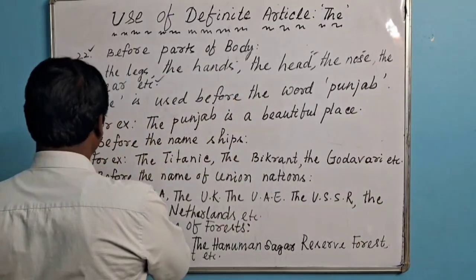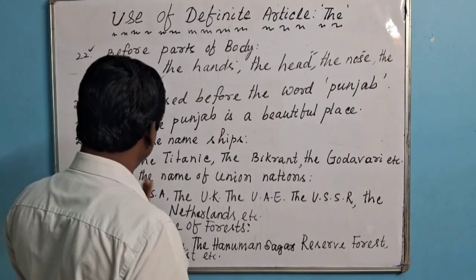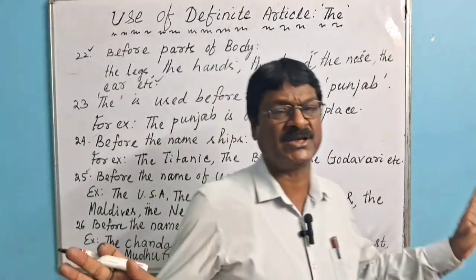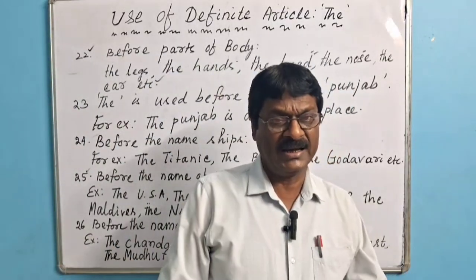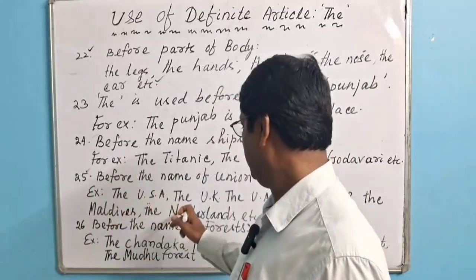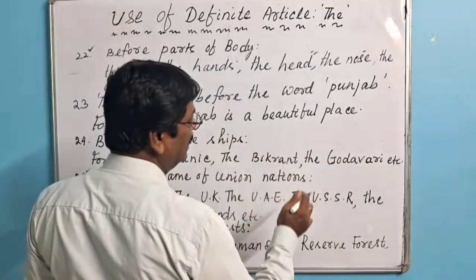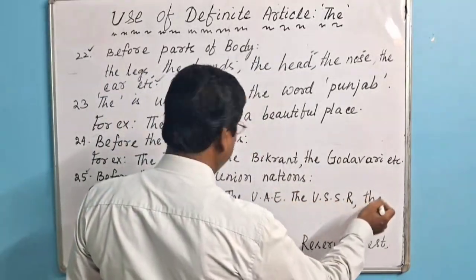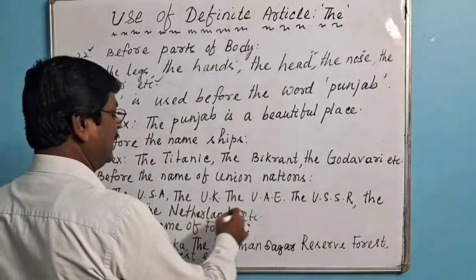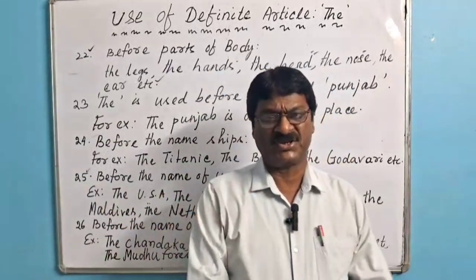Then we shall go for point number 25. The is used before the name of union nations, not single nations, union nations like the USA, the UK, the UAE, the USSR, the Maldives, the Netherlands, etc. These are unions of nations.